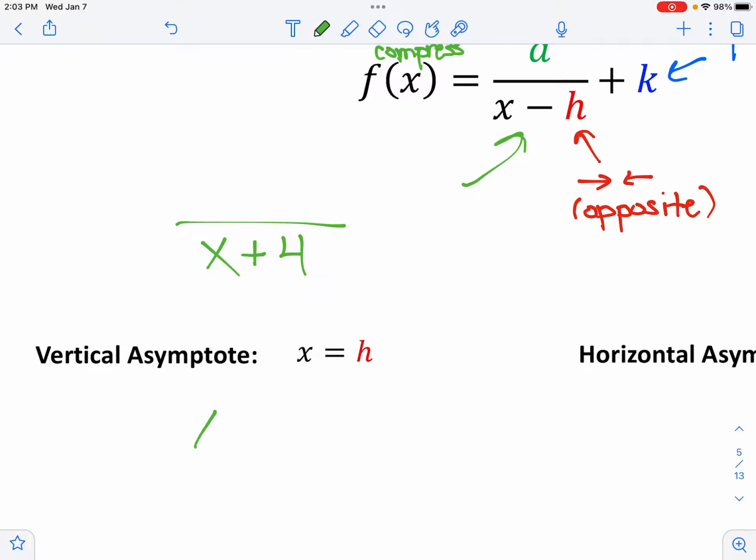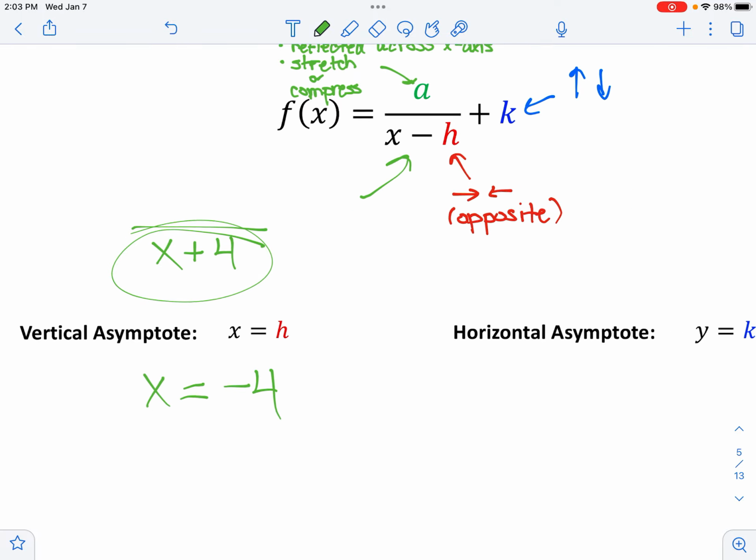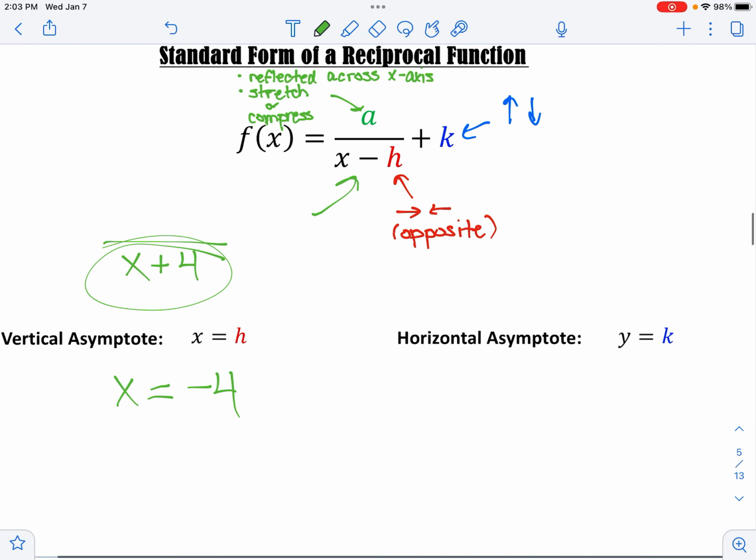I would have a vertical asymptote then at x equals -4, because that graph cannot have 0 down here. Okay? And then a horizontal asymptote at k. So whatever k was. So if you had, let's just say this is a 1 up here and then plus 7, I would have a horizontal line that I would never reach at y equals 7.